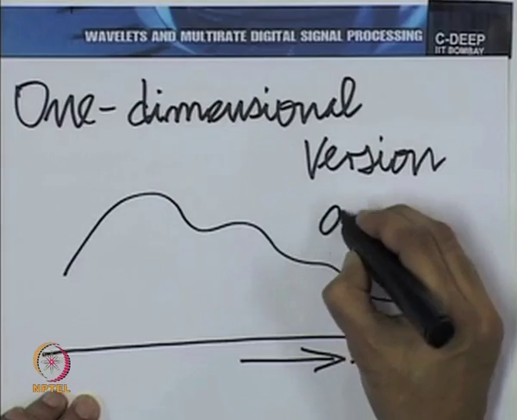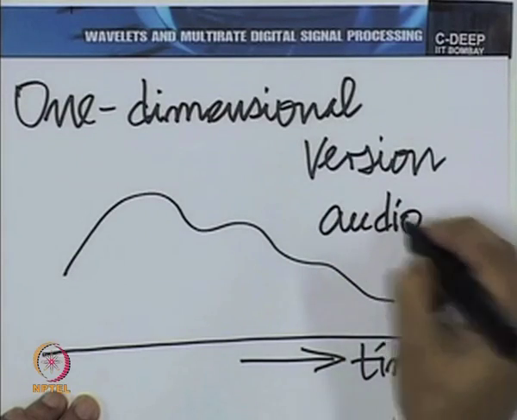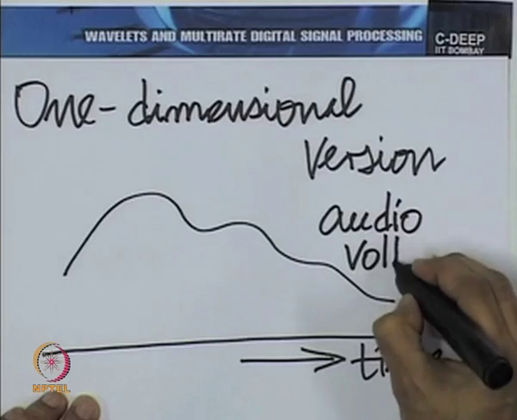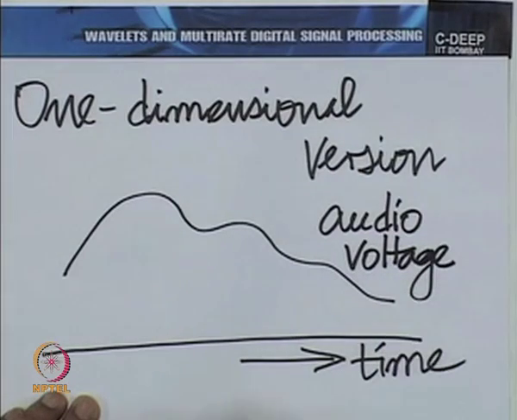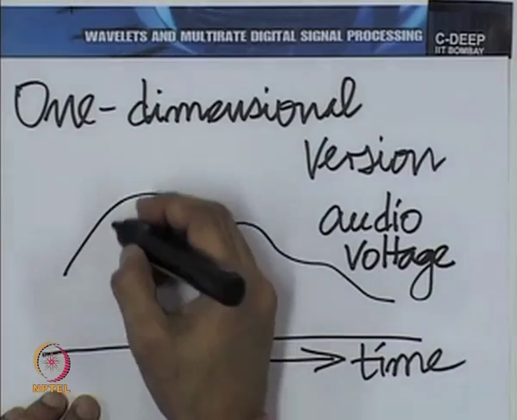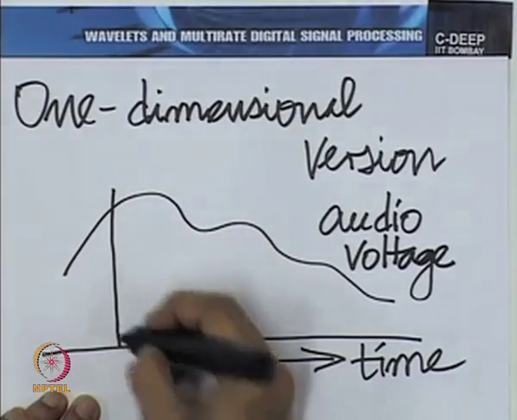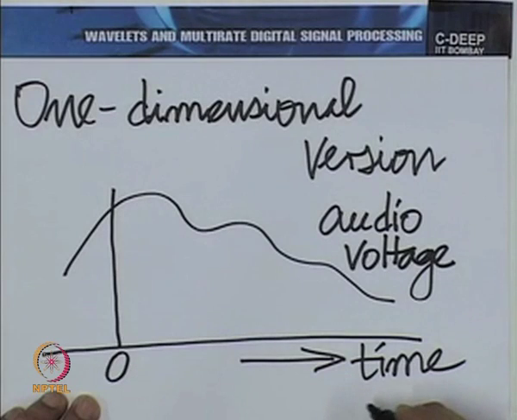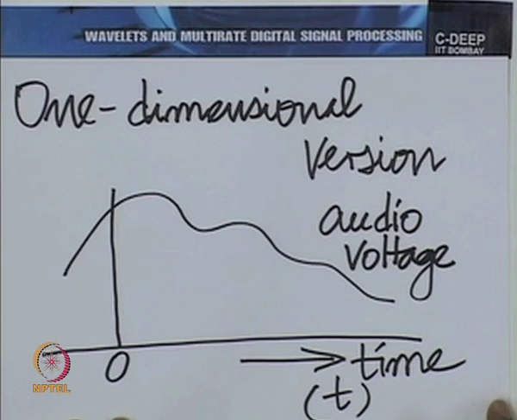Assume that this is the audio waveform, audio voltage recording. Let us, without any loss of generality, assume that this is the 0 point in time. So, let time be represented by t, and let this be the 0 point in time.